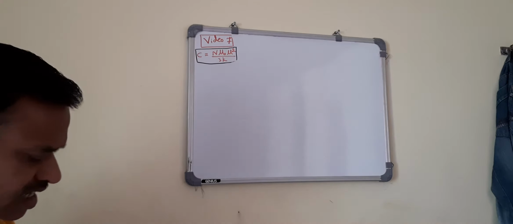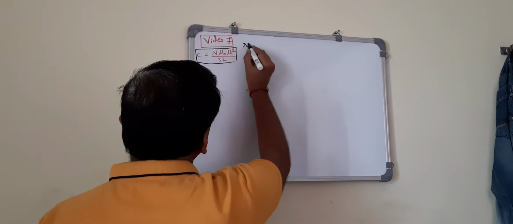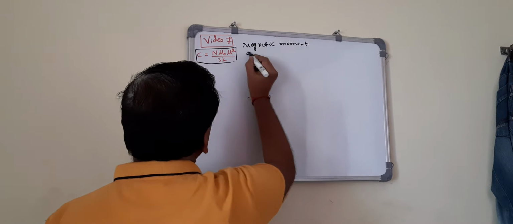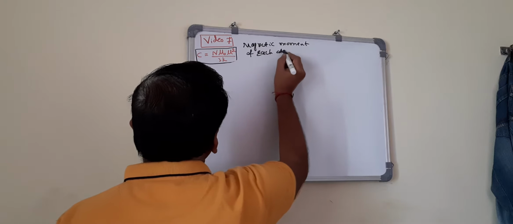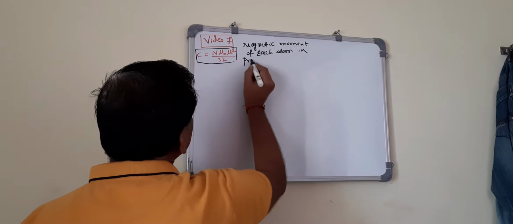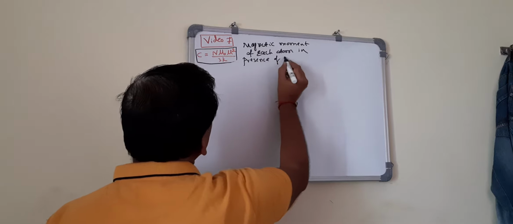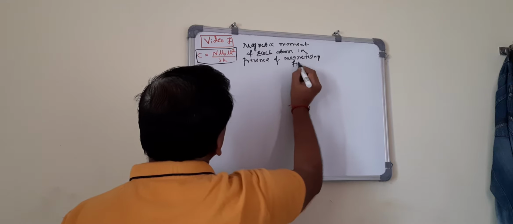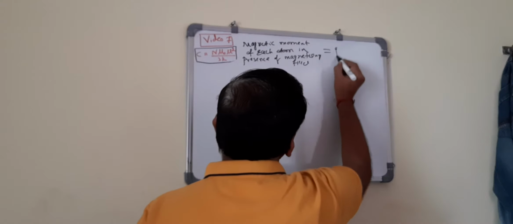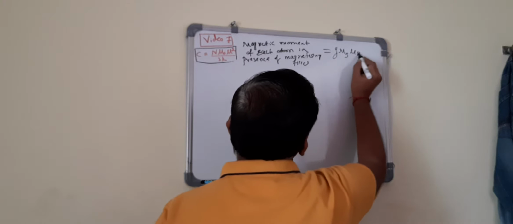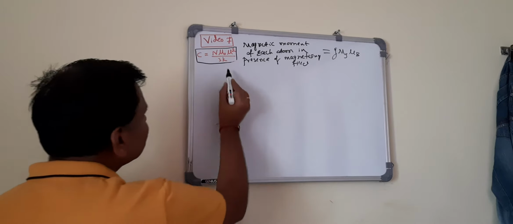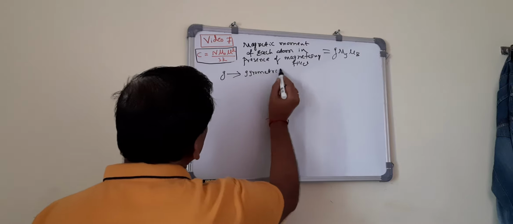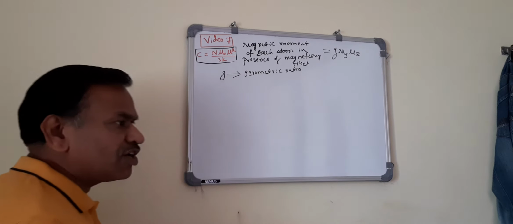Now the derivation starts. First, the magnetic moment of each atom in the presence of an external field, in the presence of a magnetizing field, is equal to g mj mu B. Here, as you studied in the vector model, g is called the gyromagnetic ratio.